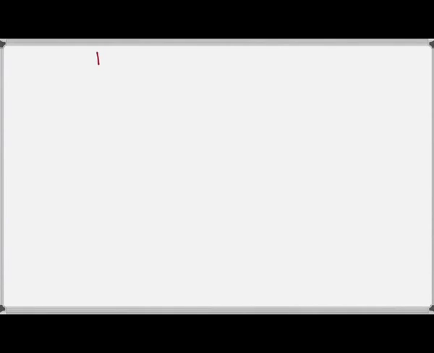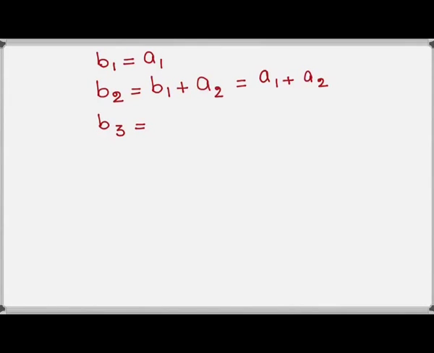We have b1 is equal to a1 and b2 is equal to b1 plus a2. As b1 is equal to a1, we get b2 is equal to a1 plus a2. Now b3 is equal to b2 plus a3.